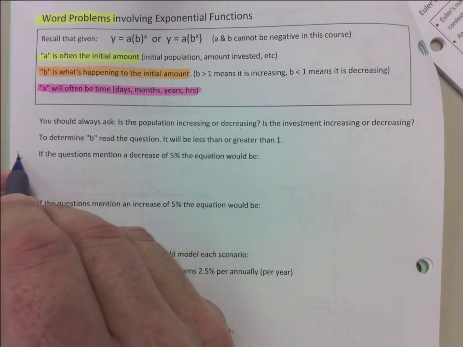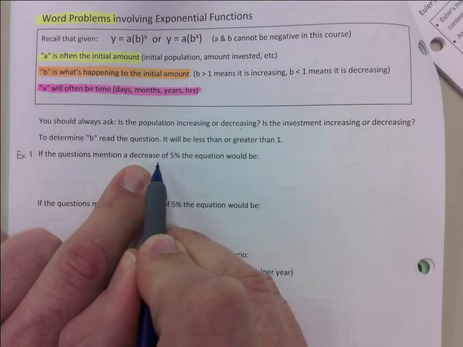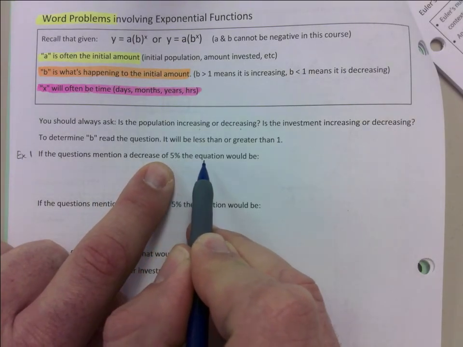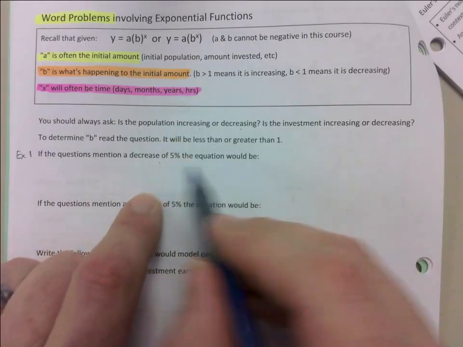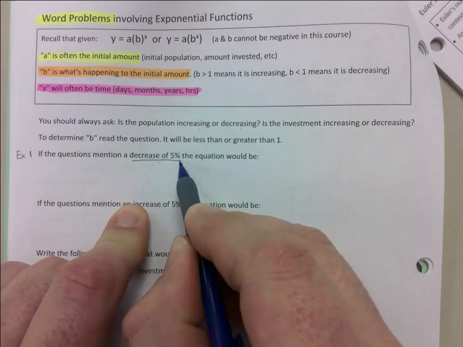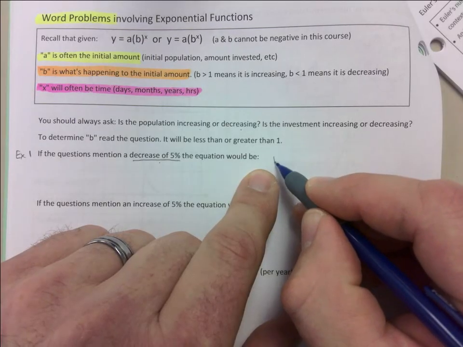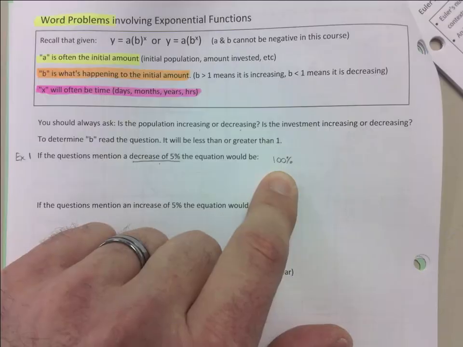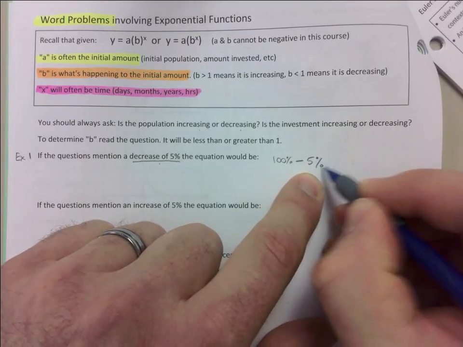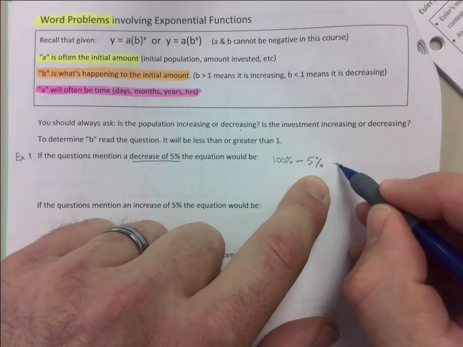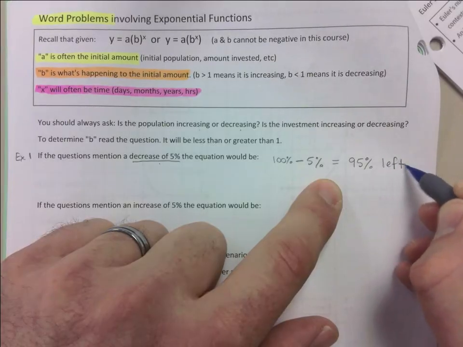So example 1. If the question mentions a decrease of 5%, the equation would be, okay, here you have to be careful. It's a decrease of 5%. That means you have 100% as the total, but you're decreasing 5% every year, which means that you have 95% left every single year.